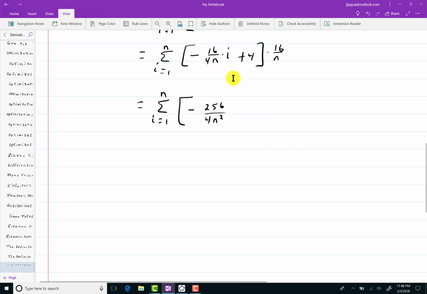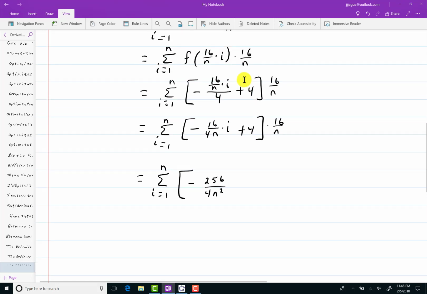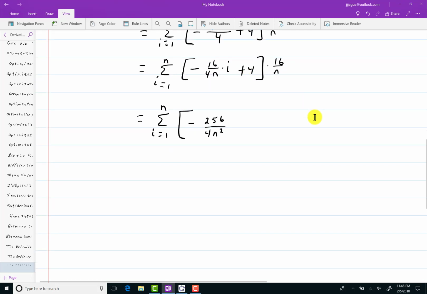If I have this 16 over 4n, before I even do this, I probably should have canceled here and made that into a 4. So let me go and take care of that. So I will have 4i times 16 over n. That will be 64 over n times i. And then plus 64 over n. And now I want to break these up.